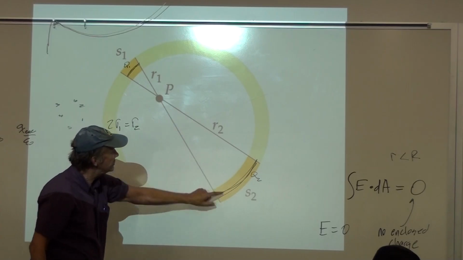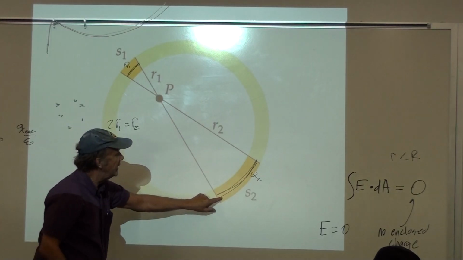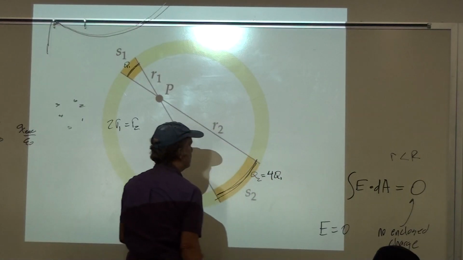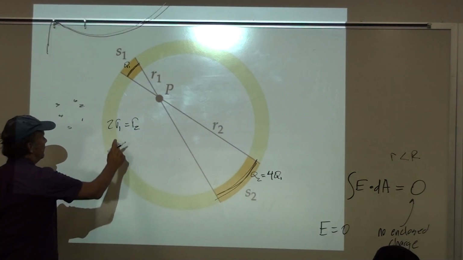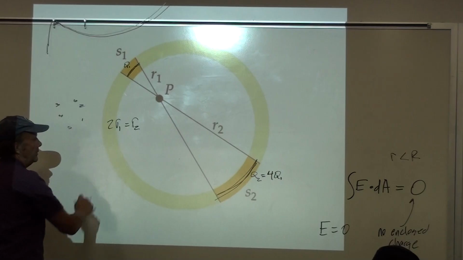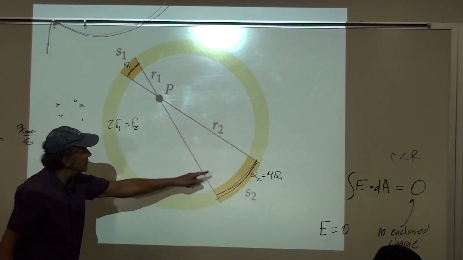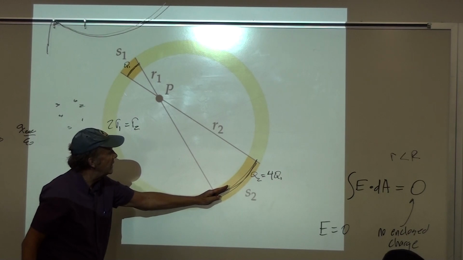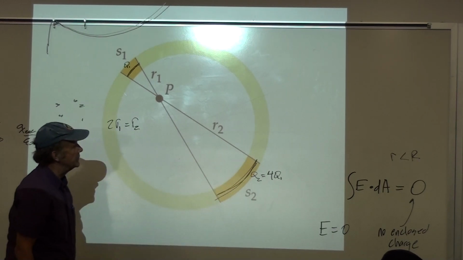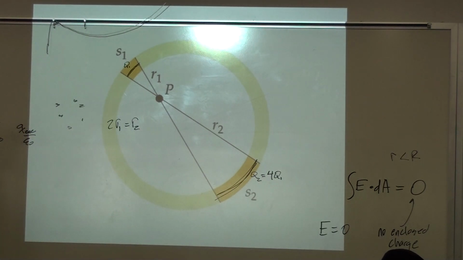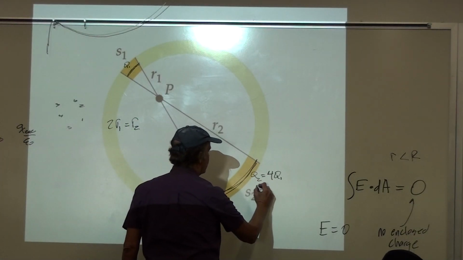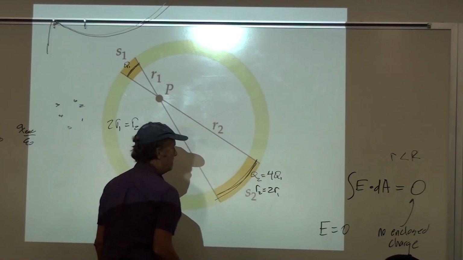Because this has twice the radius of the sphere, and so Q2 is 4 times Q1. Because you're twice as far away, you're sweeping out a solid angle that is going to encompass 4 times as much charge. But you're twice as far away, because R2 is equal to 2R1.